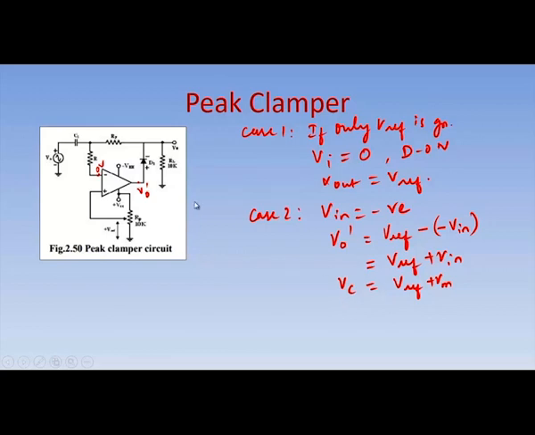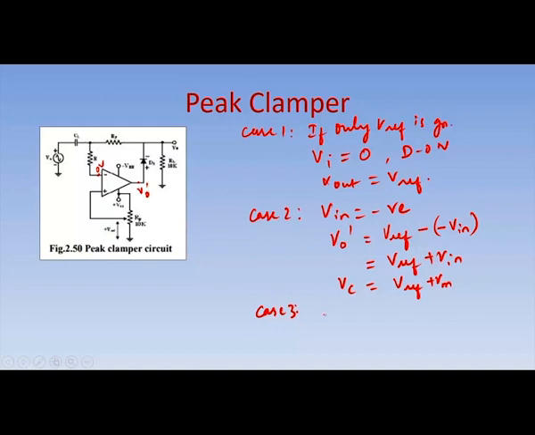In case 2 we have seen the input voltage as negative, and in that case the diode is on, the capacitor starts charging towards the peak of the negative voltage. So, the net result is V reference plus Vm. So, the capacitor is charging towards that voltage.